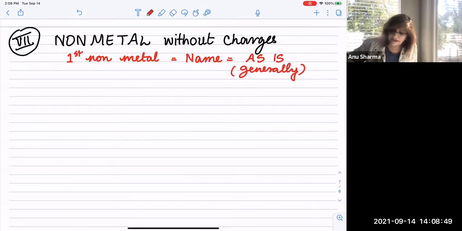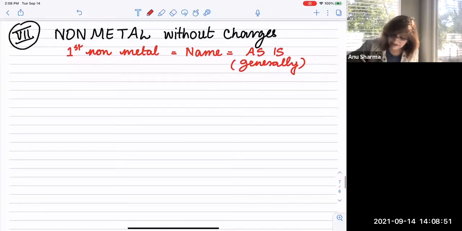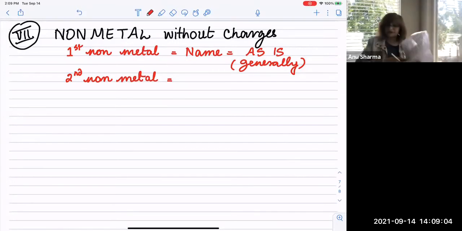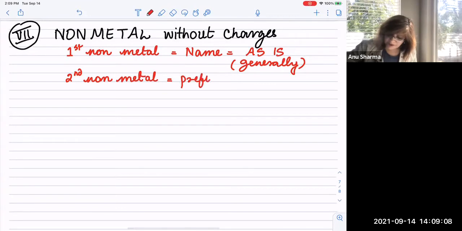As is, if it is like mono. And the second non-metal will have these, what are these called? The prefixes. What are the names of those prefixes?